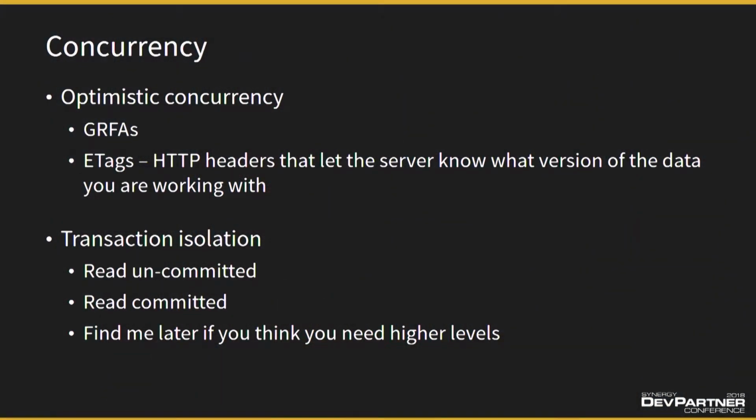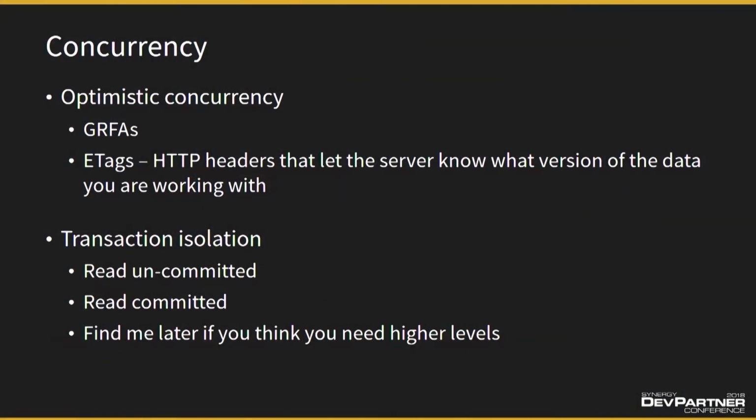So we use optimistic concurrency, and essentially what that means is that we hope nothing bad happens, right? That's what optimistic means. So we hope nothing bad happens, but if something bad does happen, if you do get stepped on, we need to know that it changed out from under us, that the world is not the world that we thought it was, because we weren't holding a lock on that record.